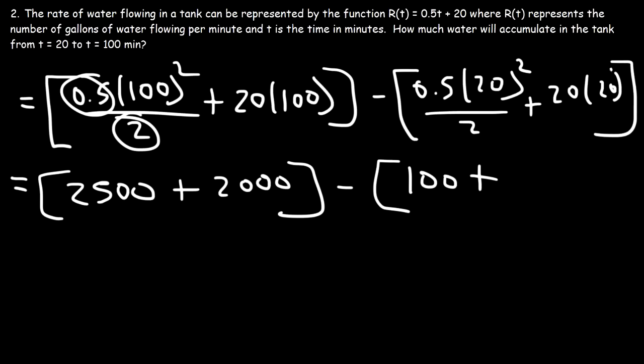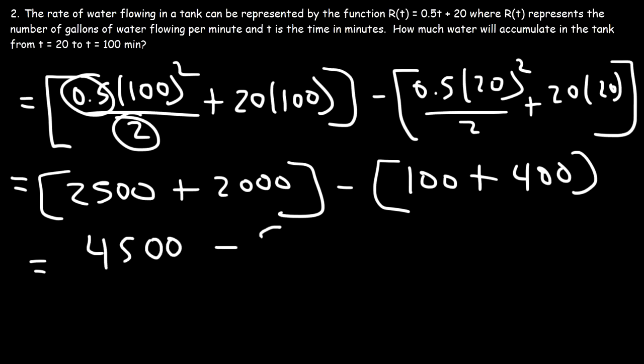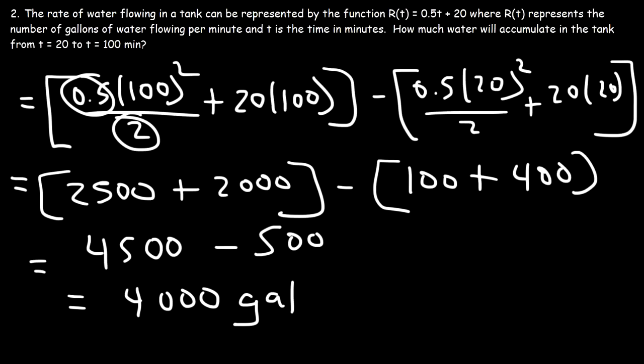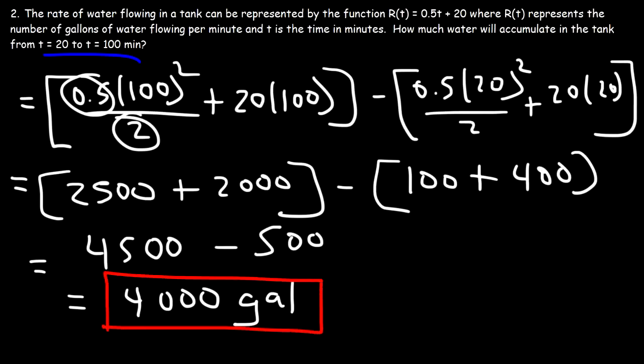And here we have 20 times 20, which is 400. So now we have 4,500 minus 500. So the net change should be 4,000. So from t equals 20 to t equals 100, the tank will gain 4,000 gallons of water.